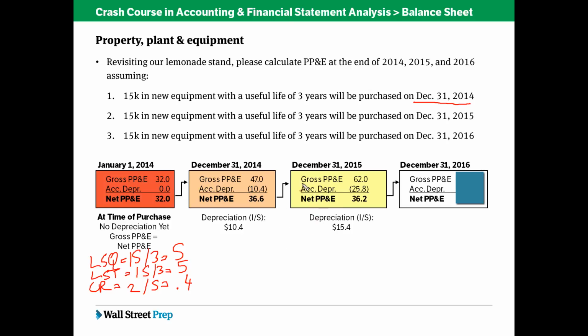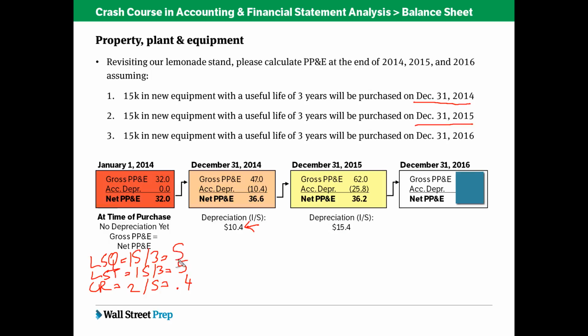Now, the next year is where it gets even more interesting. Not only do you buy another piece of machinery on the very last day of the year, raising your gross PP&E balance, your accumulated depreciation and your depreciation are going to be changing. Specifically, your accumulated depreciation captures the depreciation from the prior year, but it also captures new depreciation. And what is new depreciation in 2015?